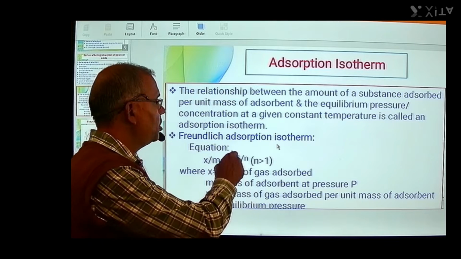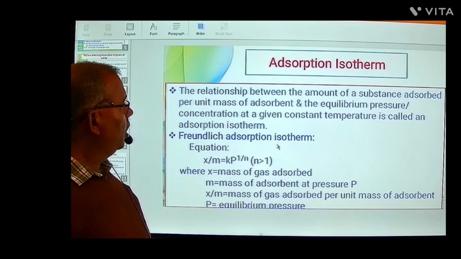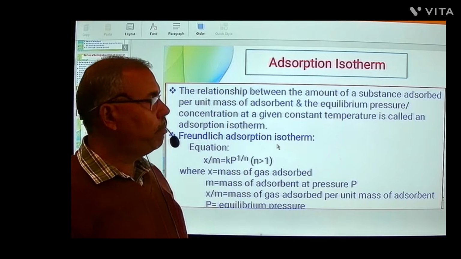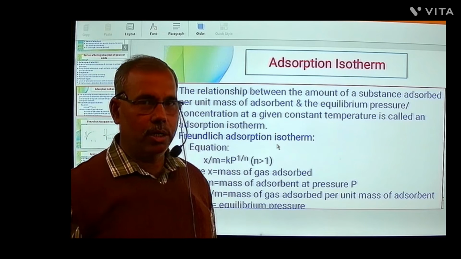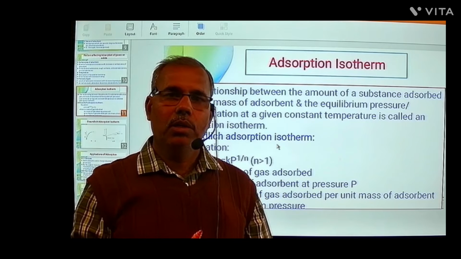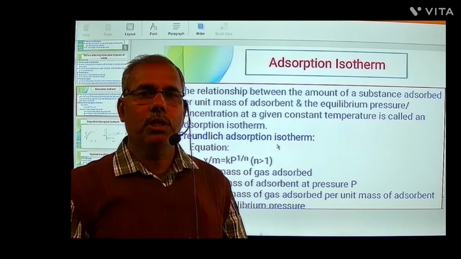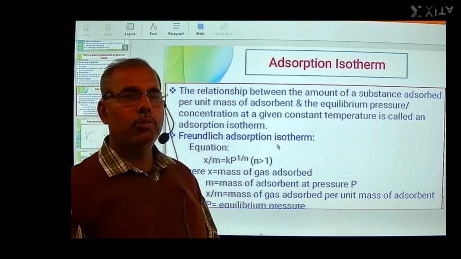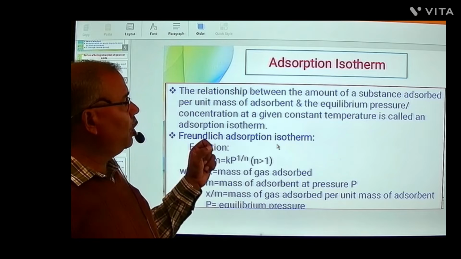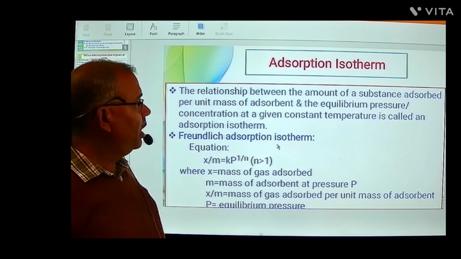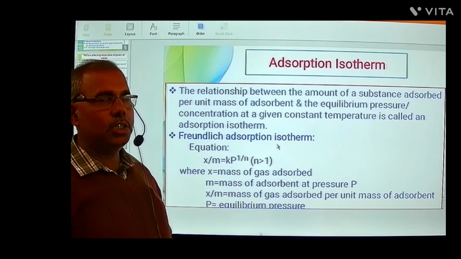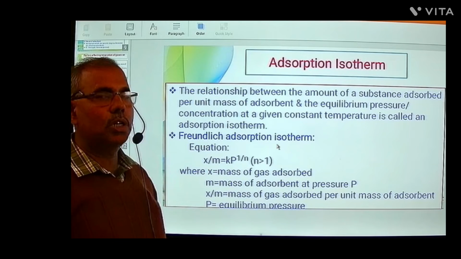Now what is adsorption isotherm? It gives the relation between the amount of substance adsorbed per unit mass of the adsorbent. With the help of the graph, that is the plot, we are going to study the relation between the amount of the substance which is adsorbed per unit mass of the adsorbent and the equilibrium pressure or equilibrium concentration at a given constant temperature.